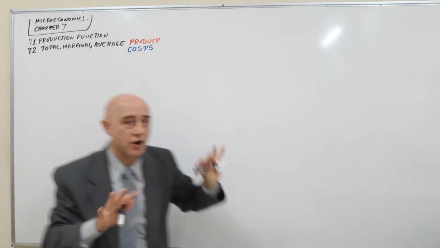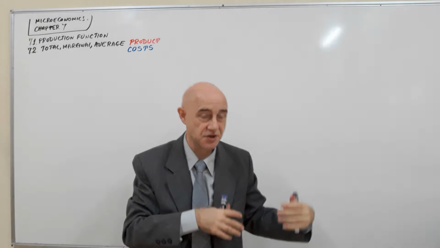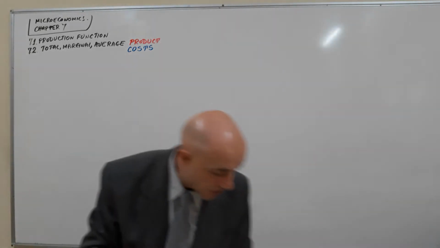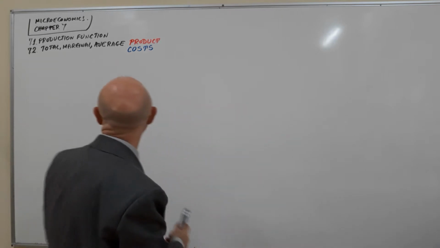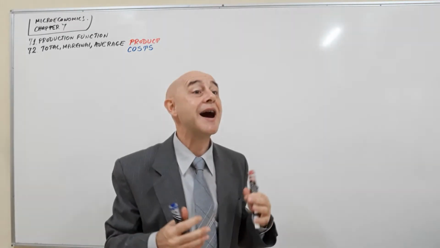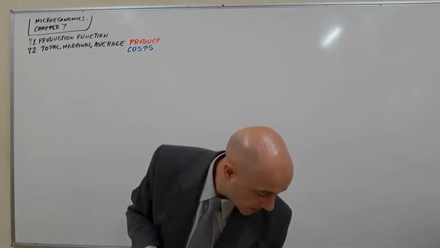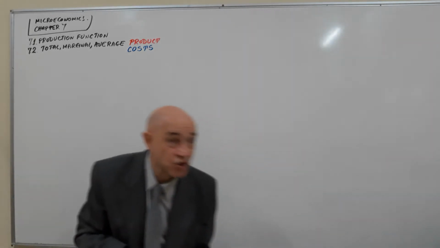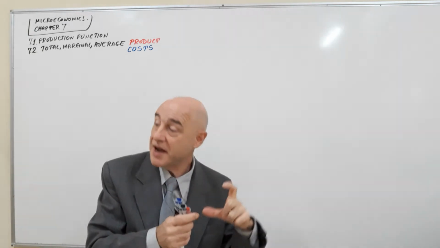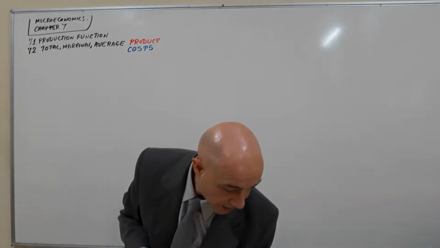So nowhere did I talk yesterday about prices at all. I also covered an important concept of output elasticity: when you change a unit of input by 1%, how many percent the output changes.